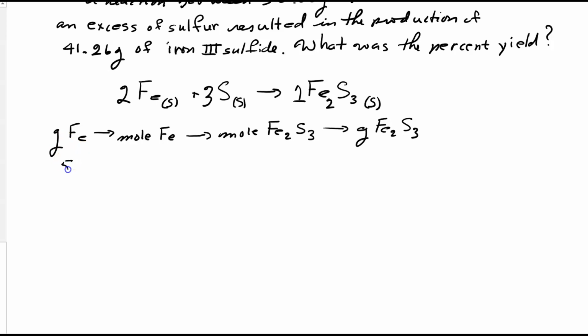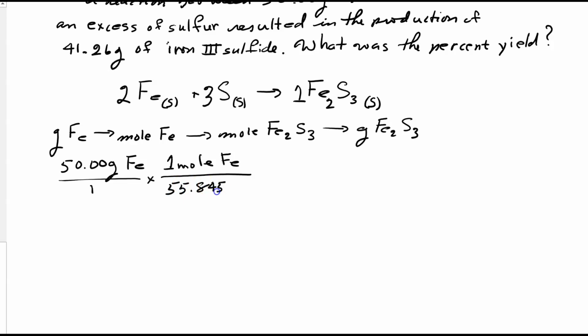So we started with 50.00 grams of iron, and that's over 1. Now we have to find out how many moles. Well, we can do that by multiplying by the number that is 1 mole of iron is a total of 55.845 grams of iron.